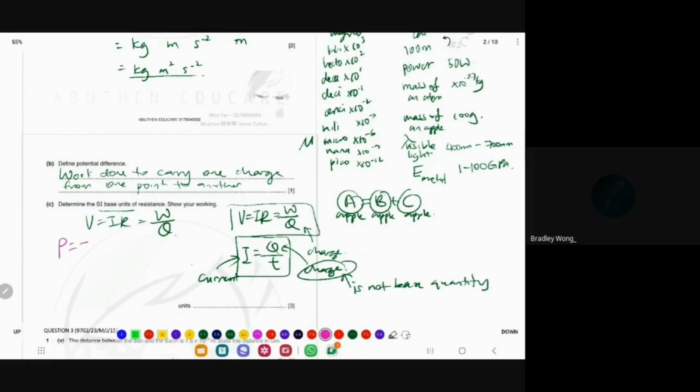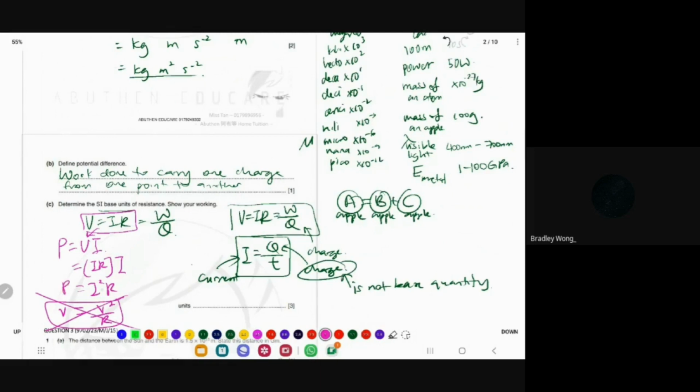Power is equal to VI, correct? And also equal to I squared R. You substitute V equals IR into here. There's another formula, V squared over R, but we are not using it here because V is not a base quantity.